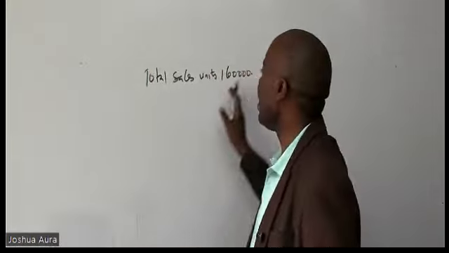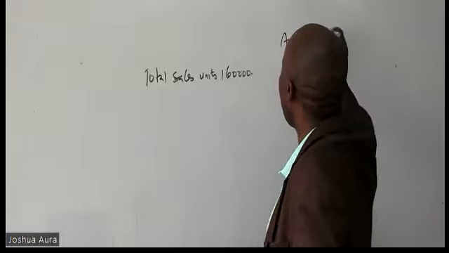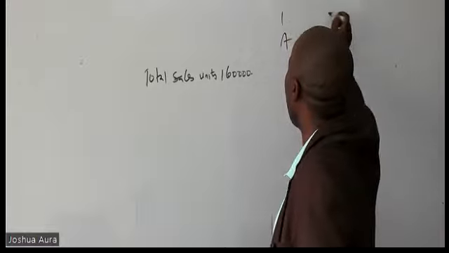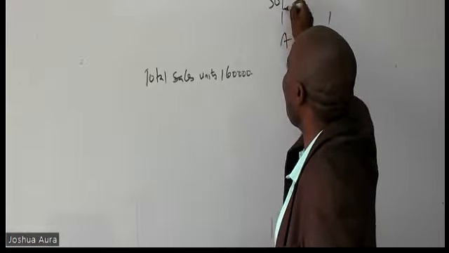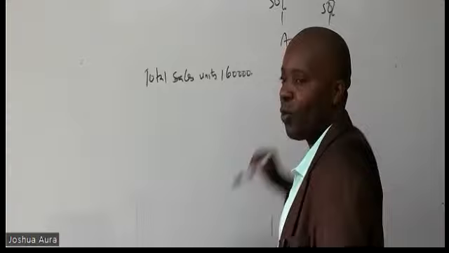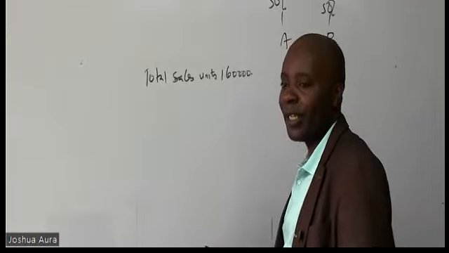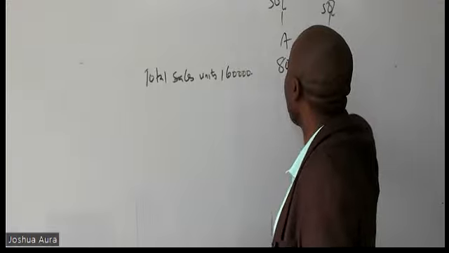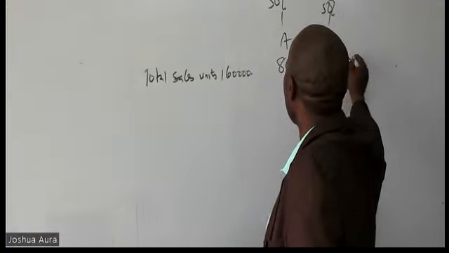So they want us to redistribute this to A and B using the new sales mix, 1:1. So 1:1 means 50%, 50%. So this will be 80,000, this will be 80,000, like that.